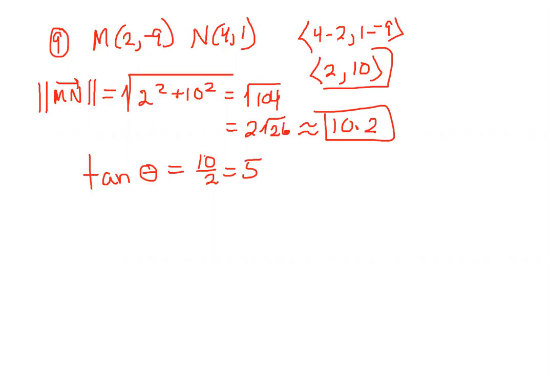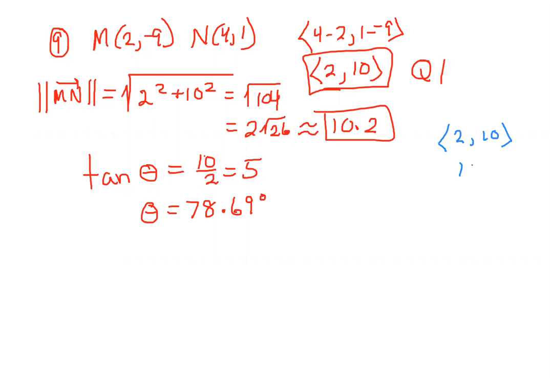This is in quadrant 1. So we don't have to worry about adding 180 or 360 or anything. We can just put this in our calculator and we're going to get theta is 78.69 degrees. So over there at the side, component form is 2, 10, magnitude is 10.2, and direction angle is 78.69 degrees. All right, let's look at number 10.